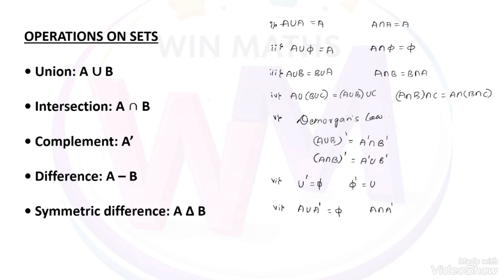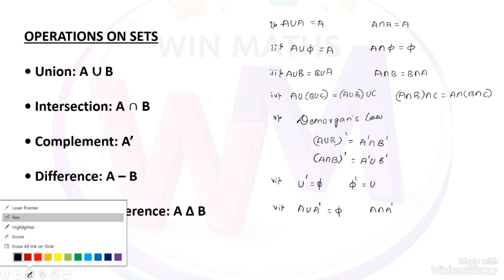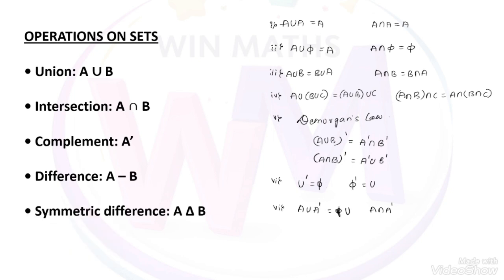Sorry, A union A complement is the universal set because it includes all the elements. A intersection A complement is the null set because there are no common elements between them. So the last property: the complement of the complement of A is again the set A.